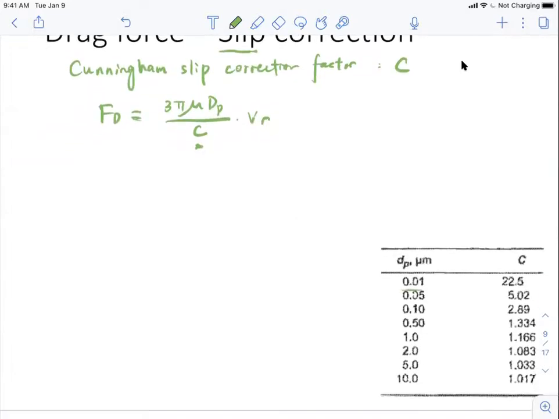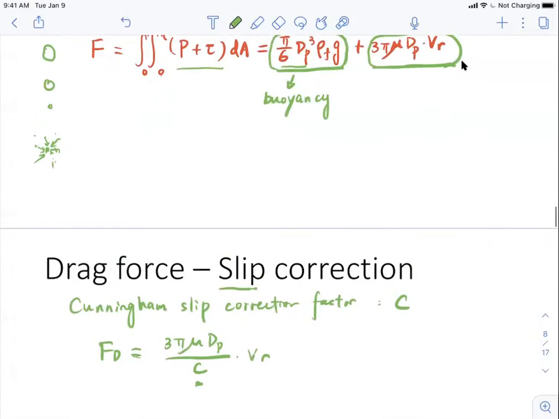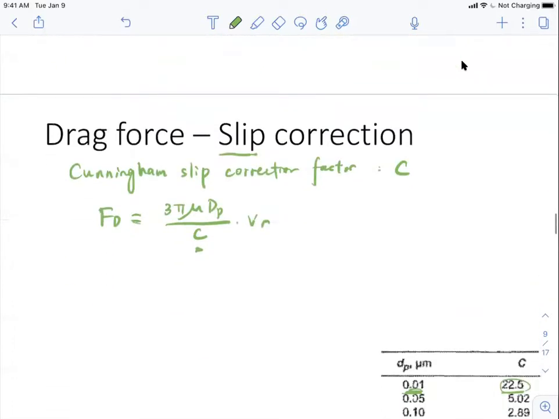When the particle size is very small, like 10 nanometers, the C value is very large, which means the drag force is actually decreased because there's not good contact between the particle and the gas molecules. We're going to give you more expressions on how to calculate C in our next class. Okay, so that's it for this class, and let me know if you have any questions.